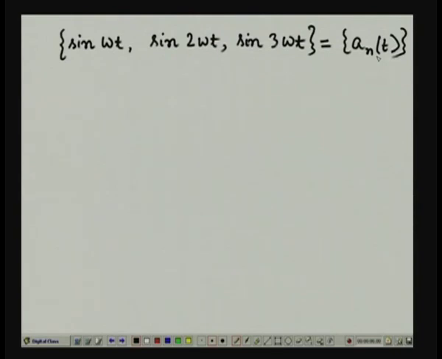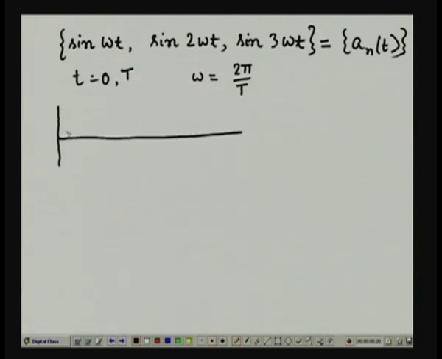Now, if I plot sin omega t over the interval t equal to 0 to capital T, where omega is equal to 2 pi by capital T, so capital T is the period of this sinusoidal wave, then you will find that sin omega t in the period 0 to capital T is something like this.